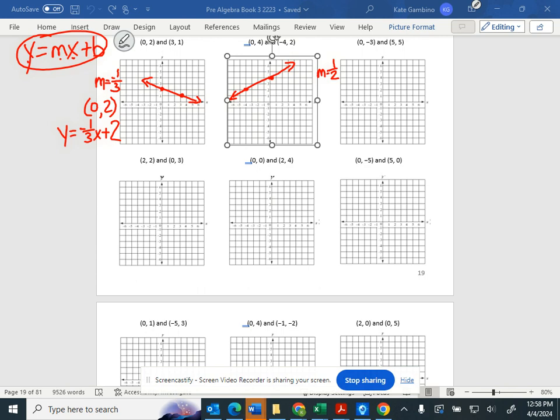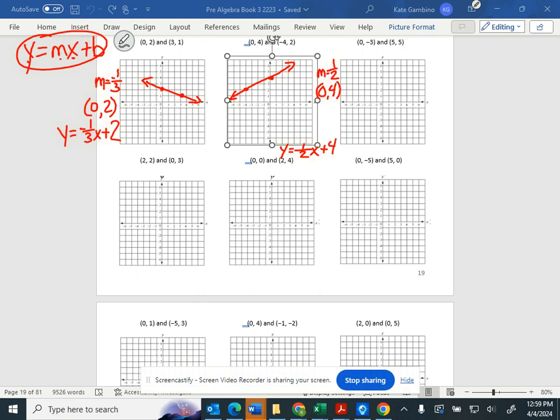So what is my y-intercept? 0, 4. What is the slope-intercept form? Jude? Y equals 1/2 x plus 4.